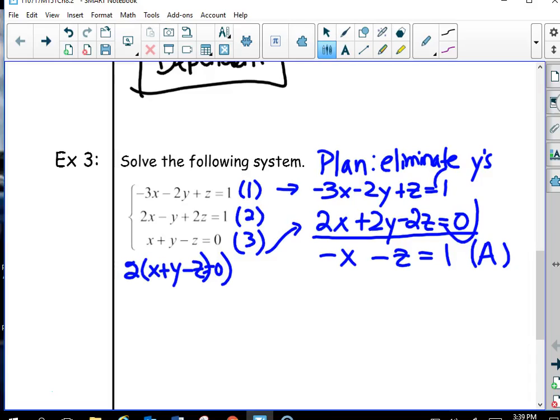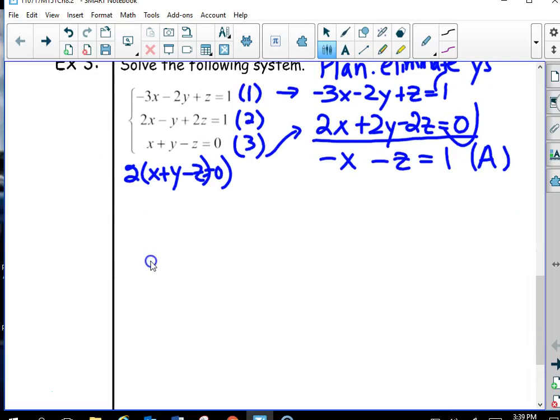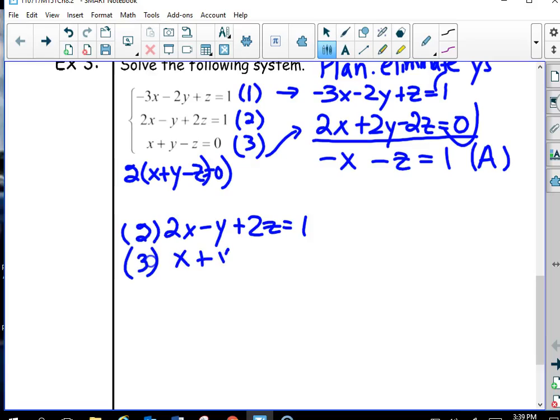Now I'm going to do what I said, which was to take equation 2 and equation 3, and I don't have to multiply or anything, I just stack them on top of each other. So 2x minus y plus 2z equals 1, and equation 3, x plus y minus z equals 0.